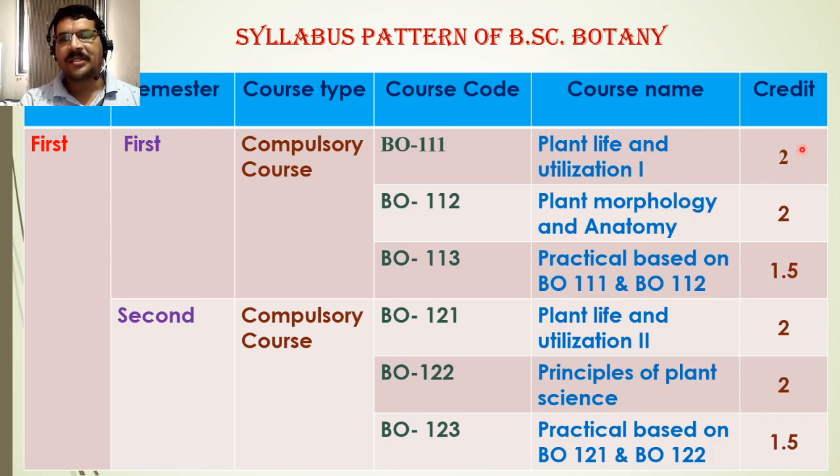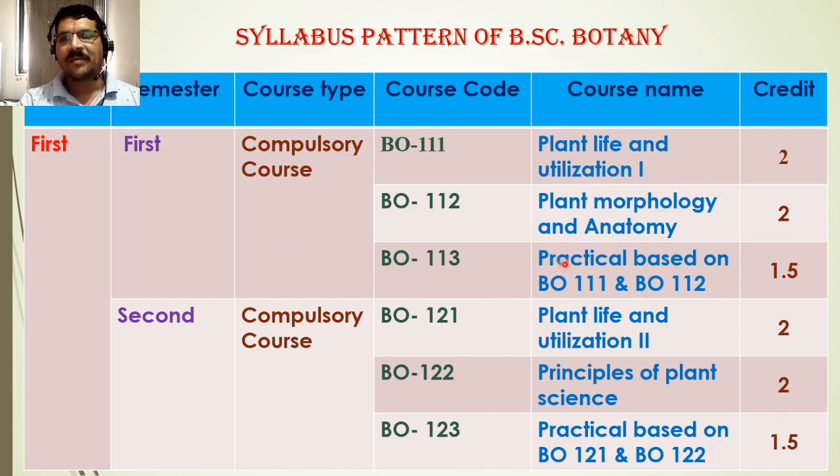and each subject carries 2 credits. So this first paper has 2 credits, and the second paper also has 2 credits. There was a third paper in the first semester, that is a practical paper. It was based on plant life and utilization and plant morphology and anatomy.